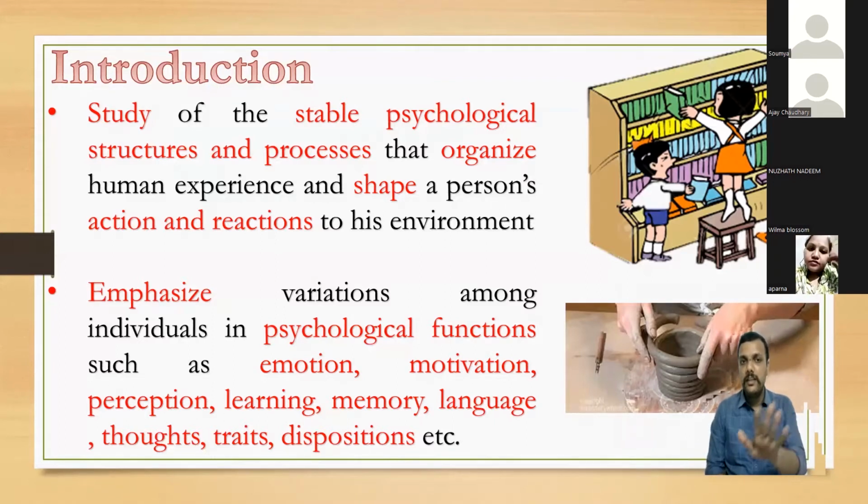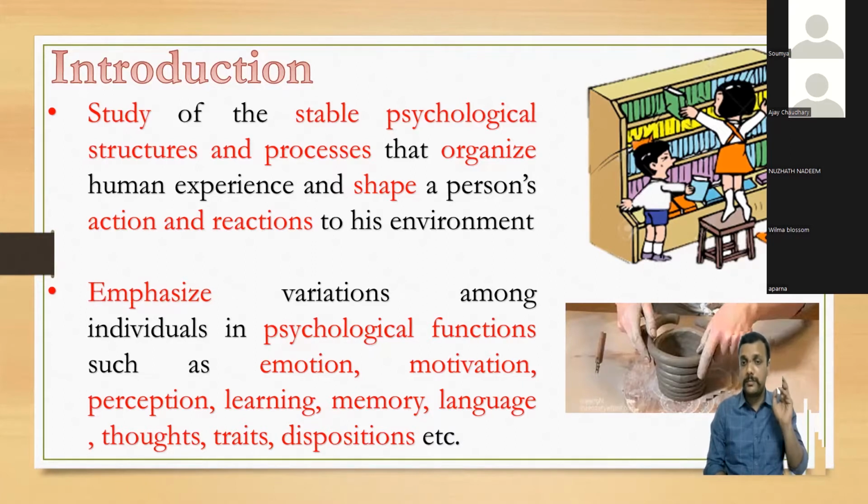This is the study of stable psychological structures and processes that organize human experience and shape a person's action and reaction to his environment. A stable psychological structure, how it is forming, how it is organizing human experience. Everything we do is somewhere related to our past experience.